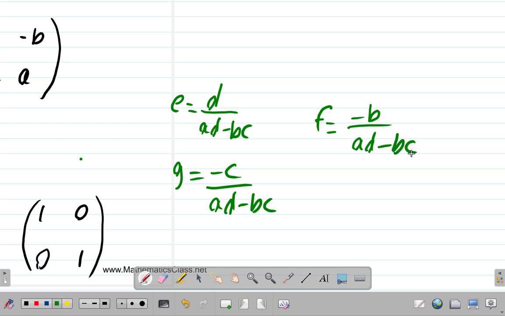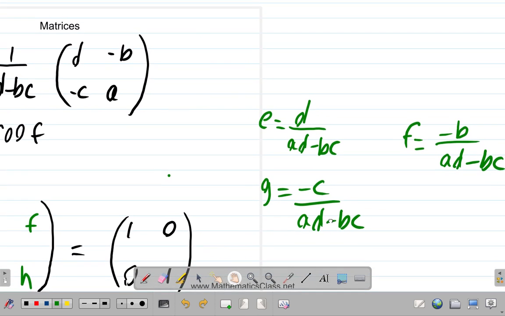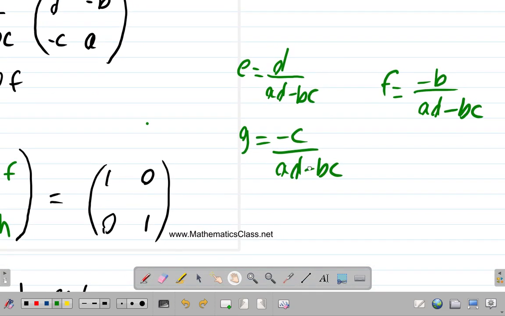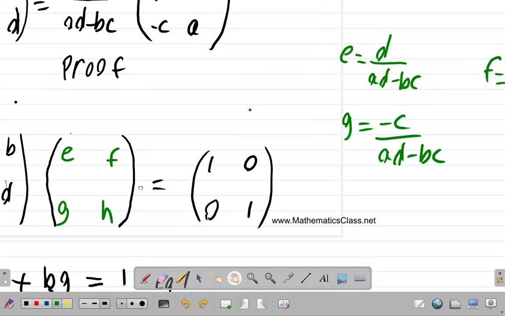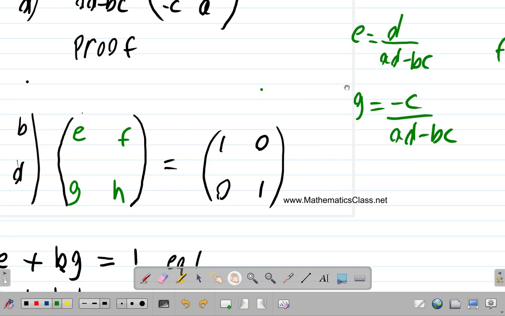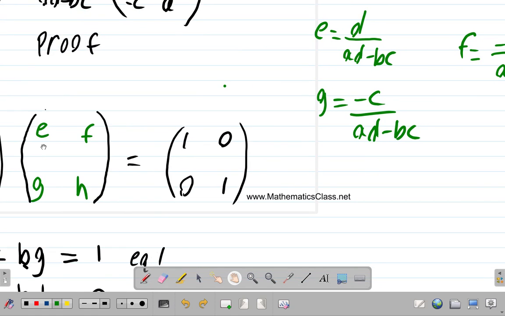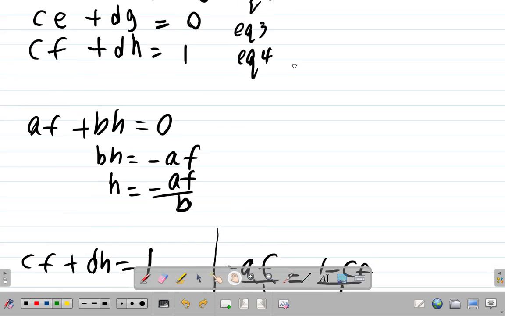You see that? Now, we have one more letter to find out what it is. That is H. We're now going to find H. We already found E, F, and G. Now we want to find out what H is.